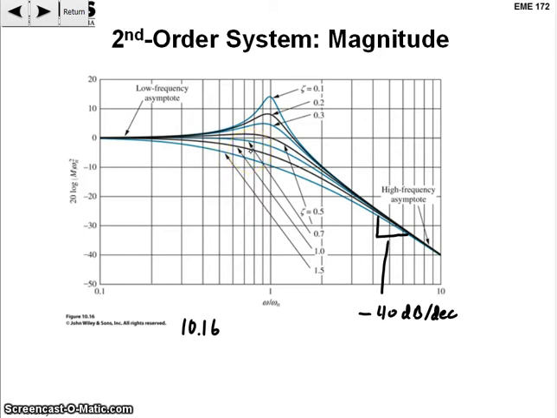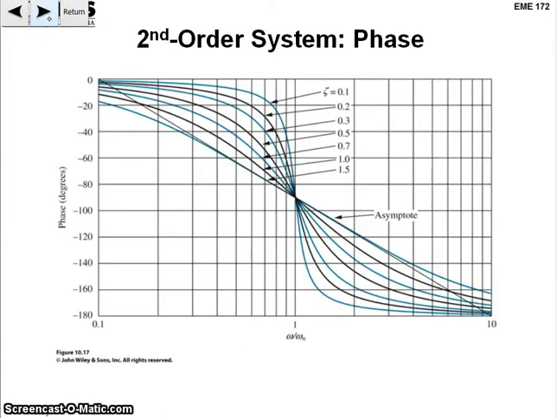Okay, and I just wanted to go through a little bit more math on this. I apologize if that sounds scary. Here's the phase response, plotted in the same way, frequency along the x-axis, phase in degrees on the y-axis. It starts out at 0 degrees and goes to minus 90 degrees.